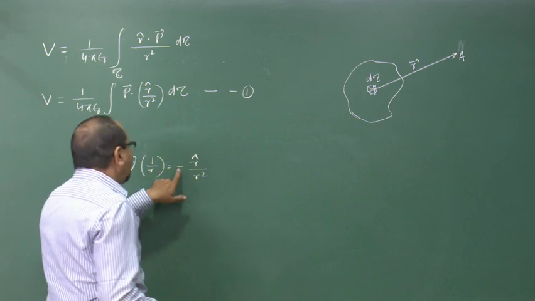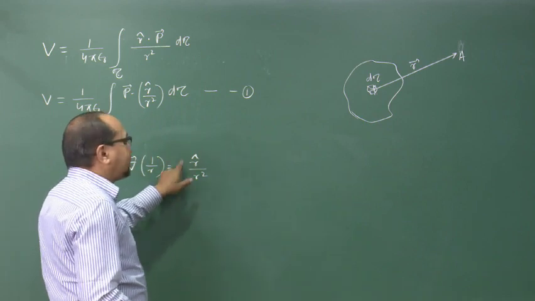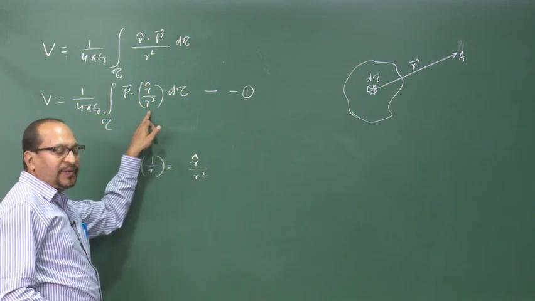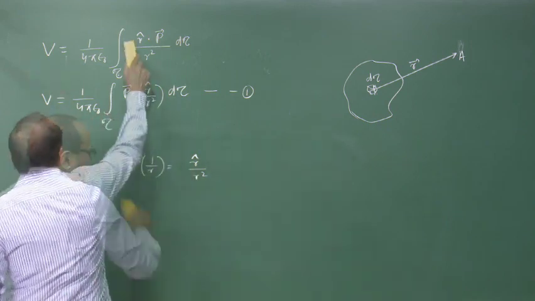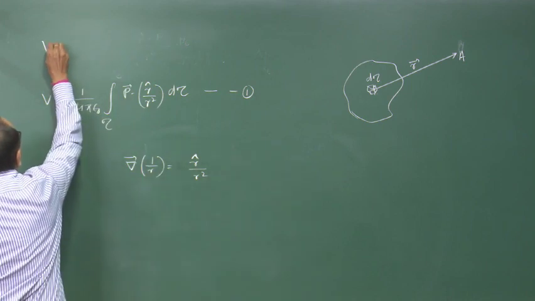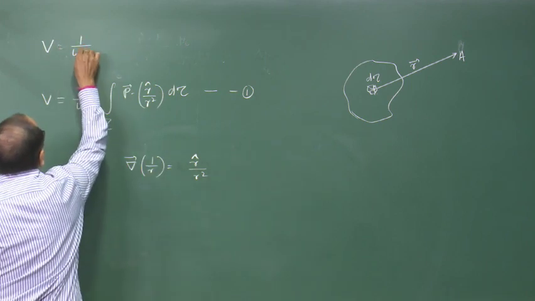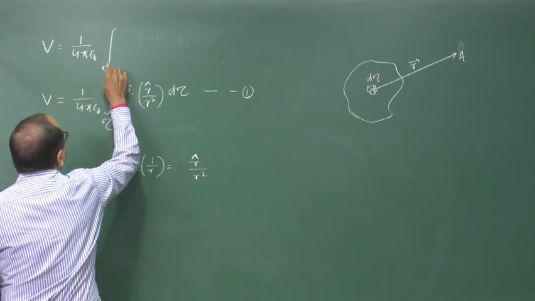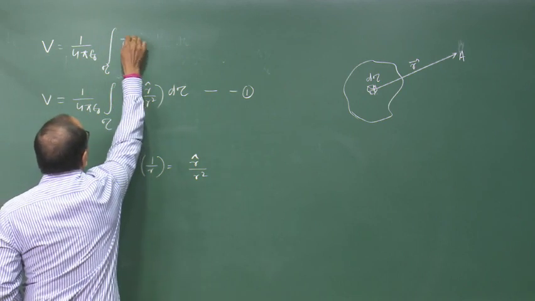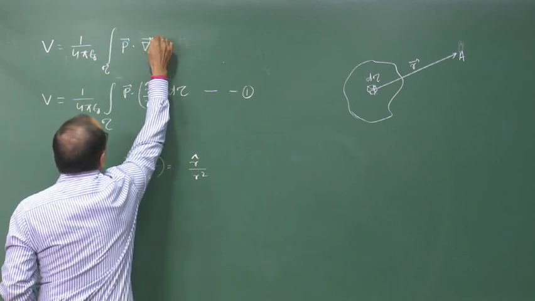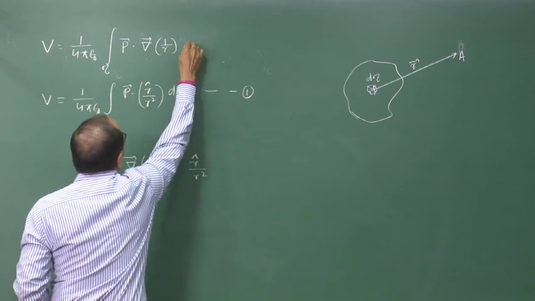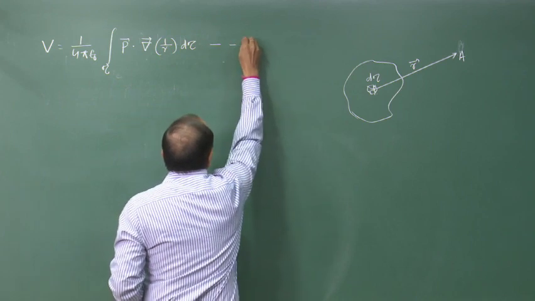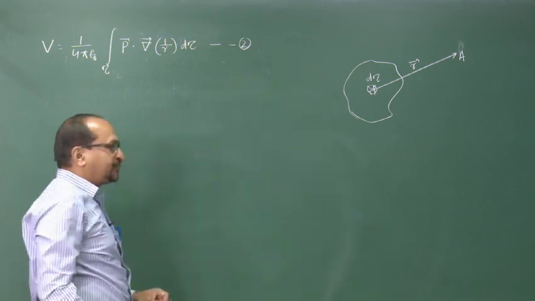So, here we will not take this negative sign, and for r cap by r square we can write gradient of 1 by r. Hence, our equation 1 will become V is equal to 1 by 4 pi epsilon naught integration over volume tau P dot gradient of 1 by r d tau. Let this be equation 2 now.